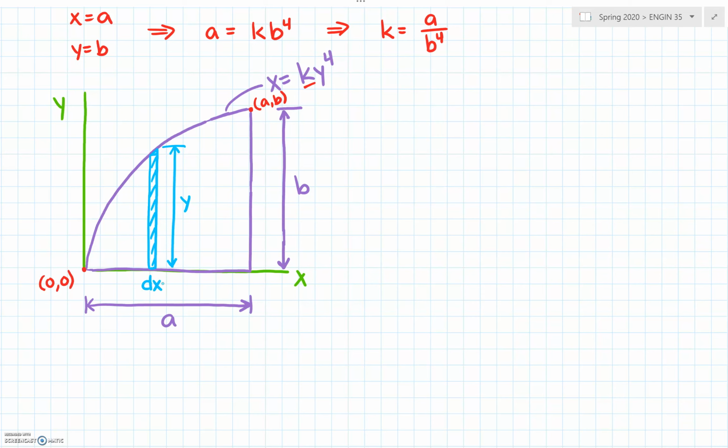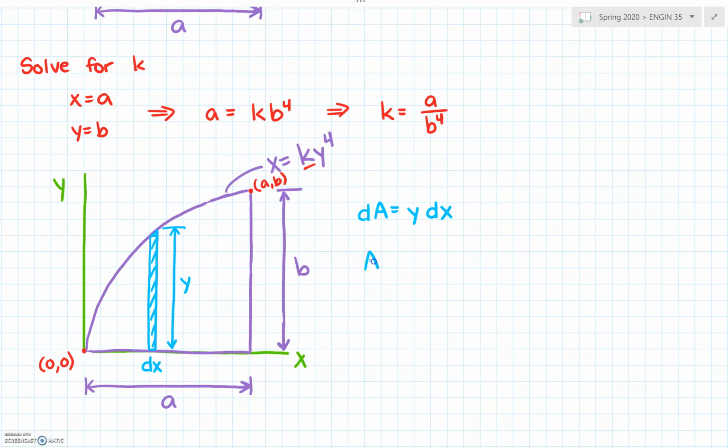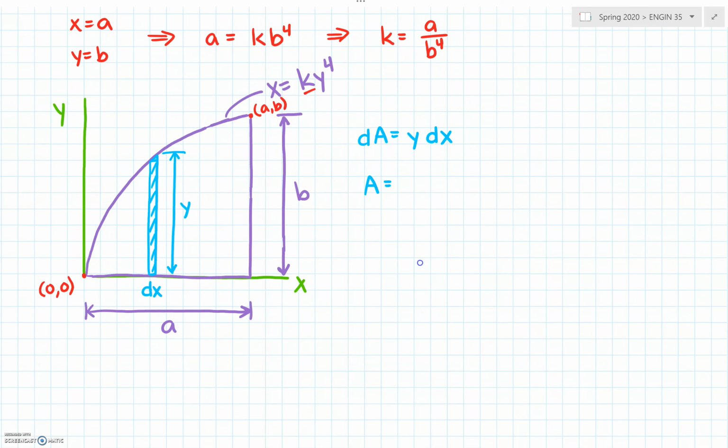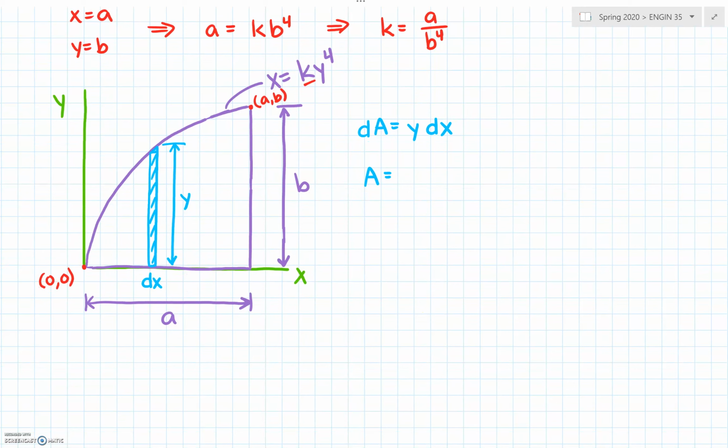So the area of that one rectangle, dA, is y dx. If I want the area of this entire shape, A, that will be the sum of all the teeny tiny rectangles, so an integral from 0 to a of y dx.